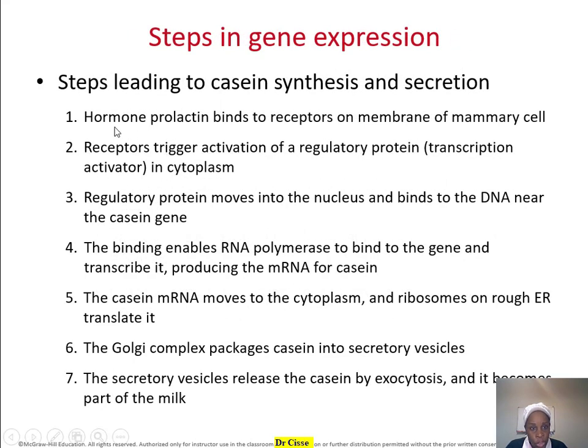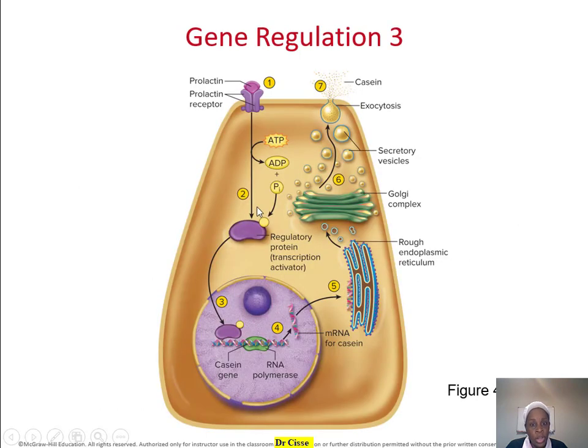And for gene expression, you start with the molecule binding to the receptor, going to the nucleus, right? Expressed in the nucleus, just like a conclusion of this lecture. Look at this one. You have some hormone attaching to a receptor, going to the nucleus, pushing the gene to open, right?